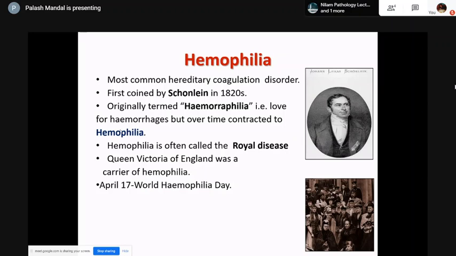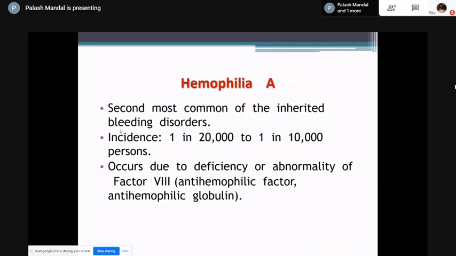It is the second most common of the inherited bleeding disorders, occurring in about 1 in 10,000 to 1 in 20,000 persons, depending on the region.